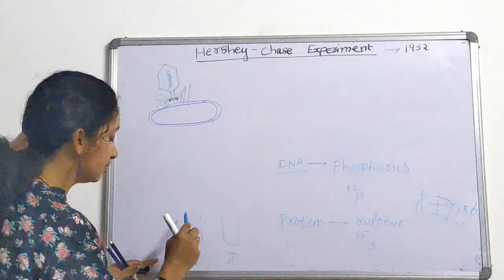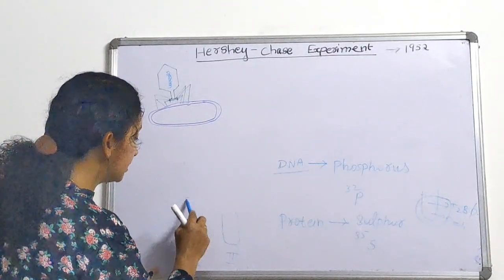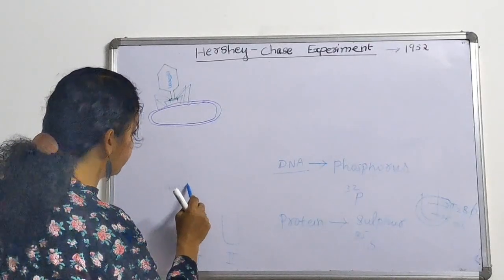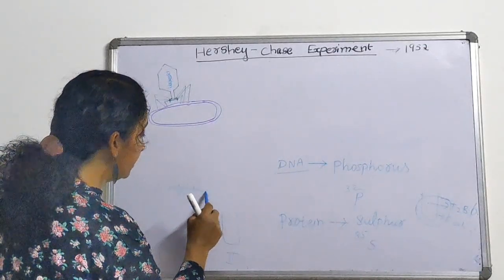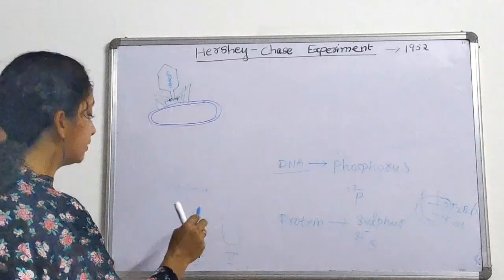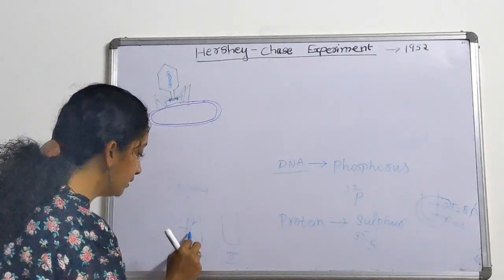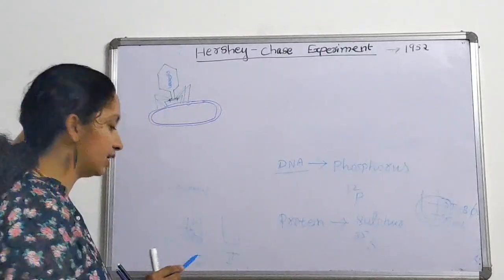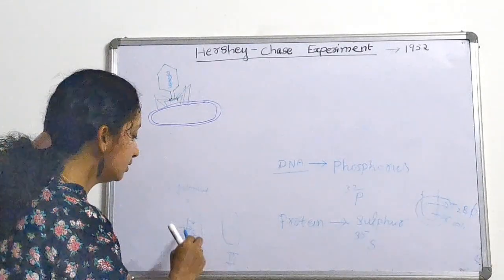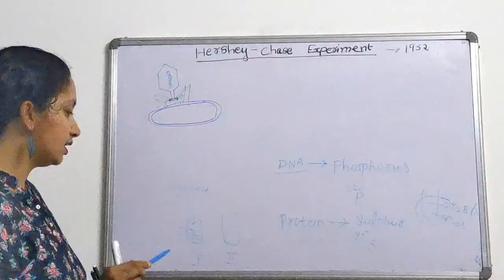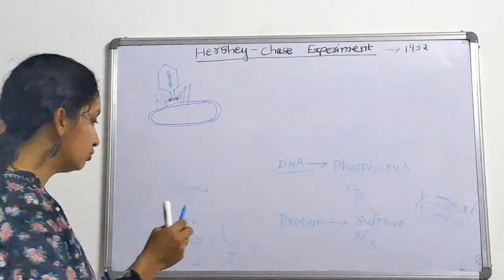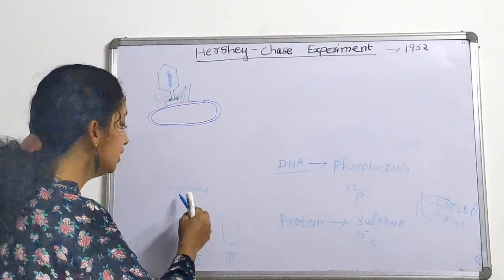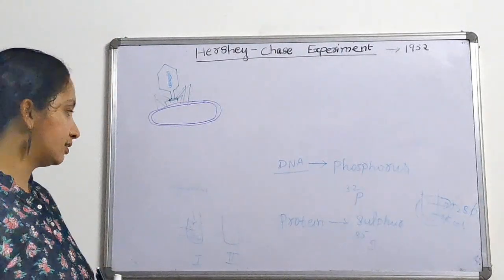In the first case, they provided radio labeled sulfur 35 to the medium where T2 bacteriophage and E. coli are growing. So in this culture, T2 is present, E. coli is present, and in the nutrition supplements given to this medium we are providing radio labeled sulfur 35.